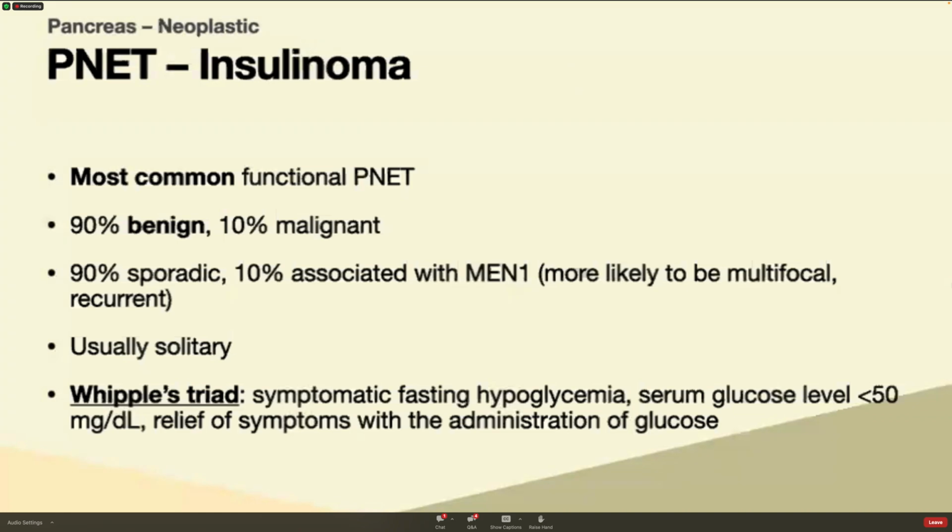This is usually solitary, and in the exam, usually in the case scenario you will be able to identify the Whipple's triad, which is that the patient has symptoms of hypoglycemia with low serum glucose of less than 50 and relief of symptoms with administration of glucose.